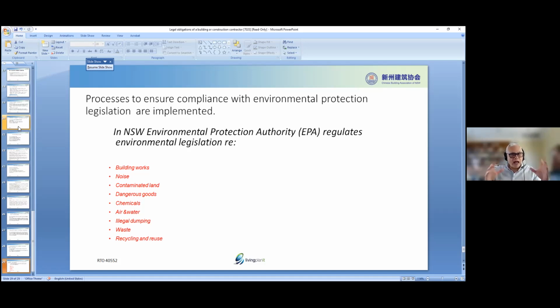So they have a large scope, and often we hear about the EPA, Environmental Protection Authority. They are the regulators for the Act, which is the Environmental Protection Act, okay? So that's basically what I wanted to talk to you about today.